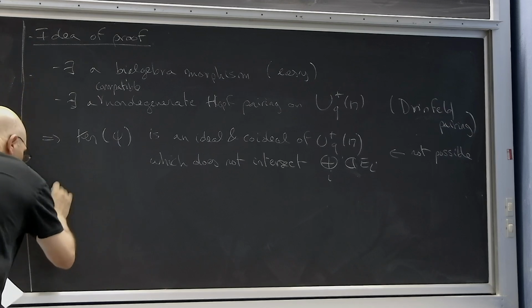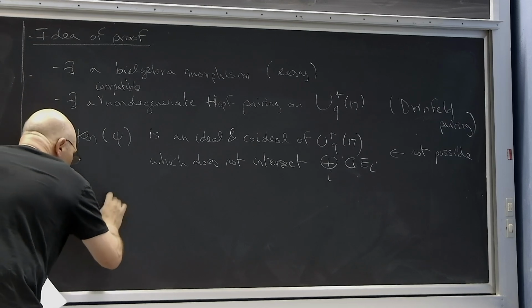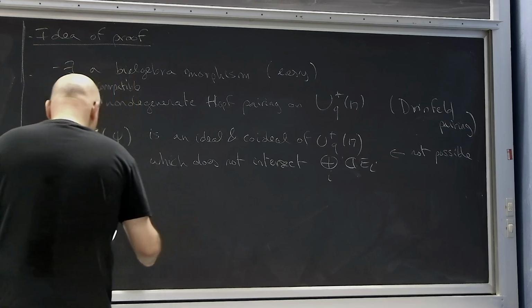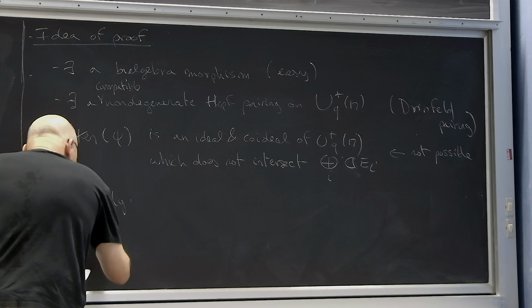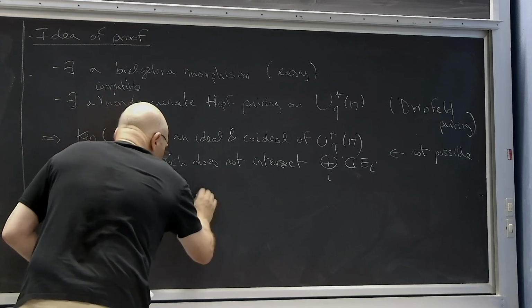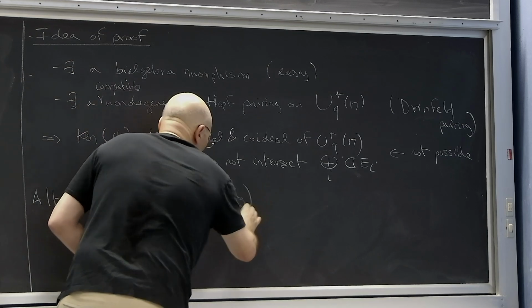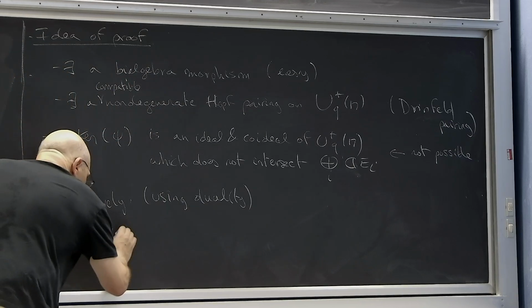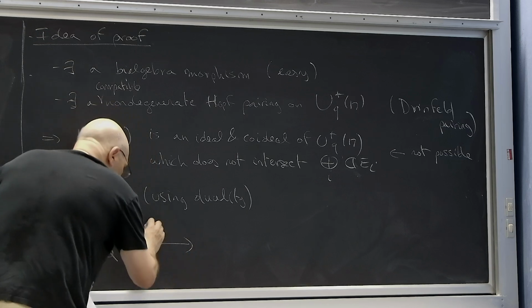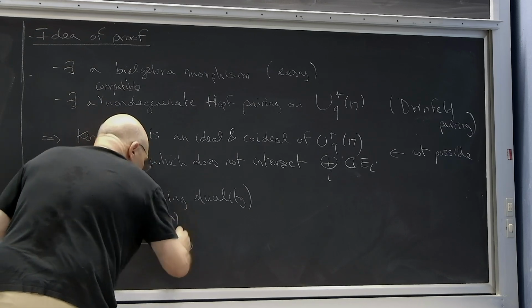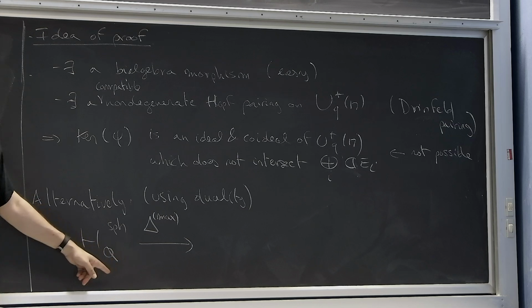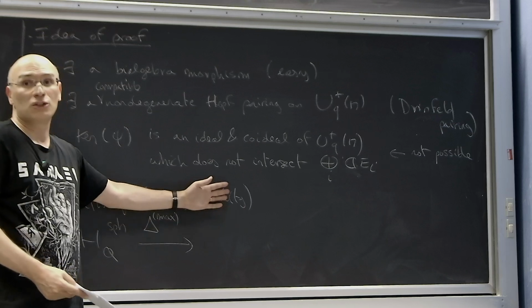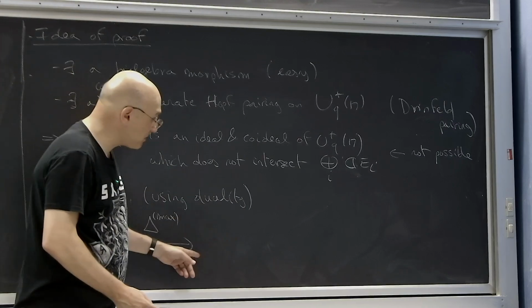Alternatively, another way of saying it, using duality between multiplication and co-multiplication, you can say that when I look at the spherical Hall algebra and I look at what I call delta max, which means I have a dimension vector d here, I look at all possible graded components of iterated coproducts which land into a tensor product of dimension 1 parts.